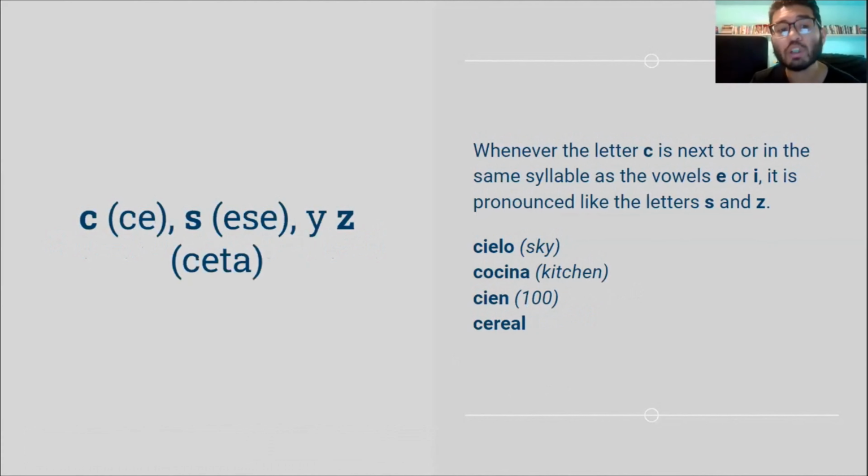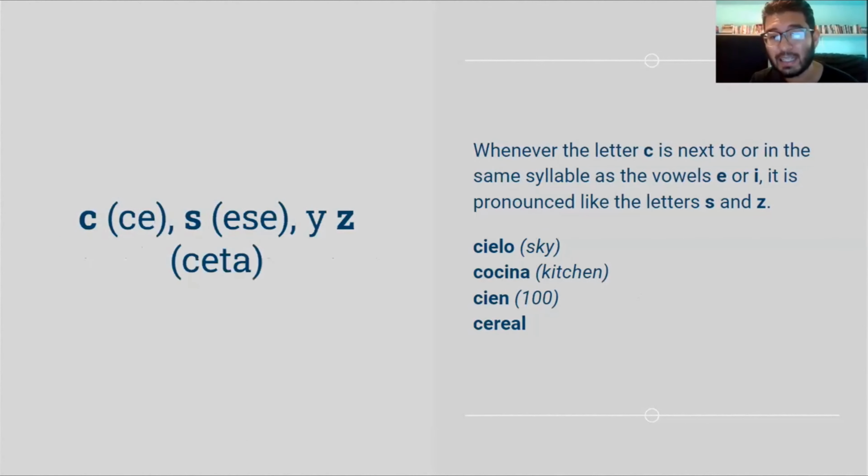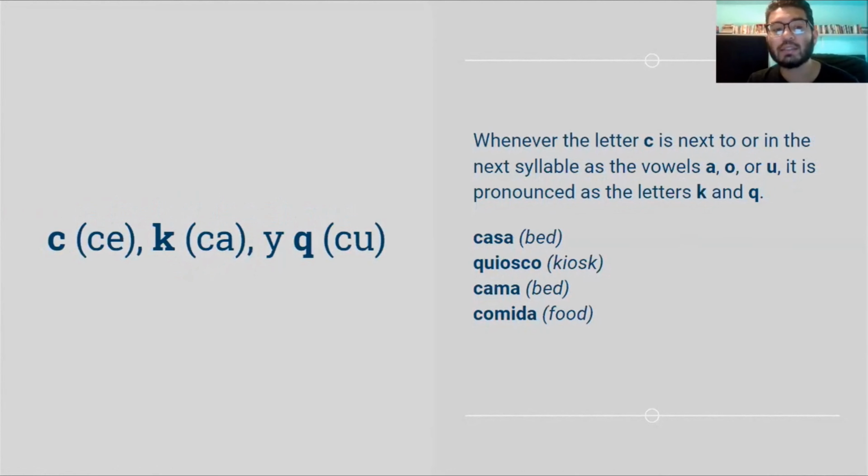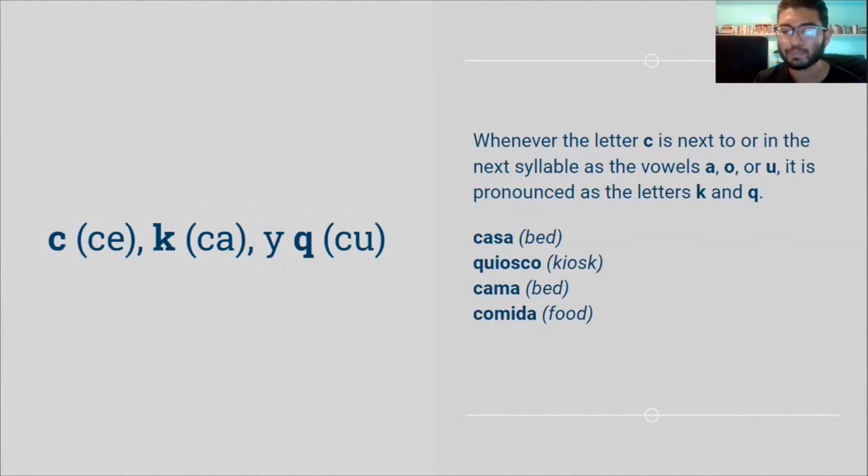Not all of the time, of course, but whenever C is in the same syllable with vowels E or I, it does produce the same sound as the letters S and Z, which tend to be more consistent, always producing the same sound. Likewise, the letter C can also produce the same sound as letters K and Q if it is next to vowels A, O, or U.